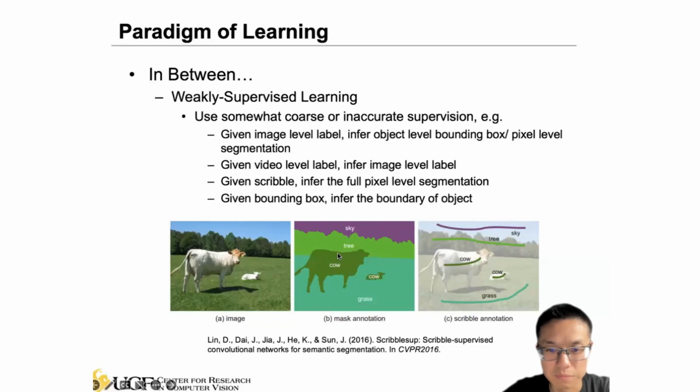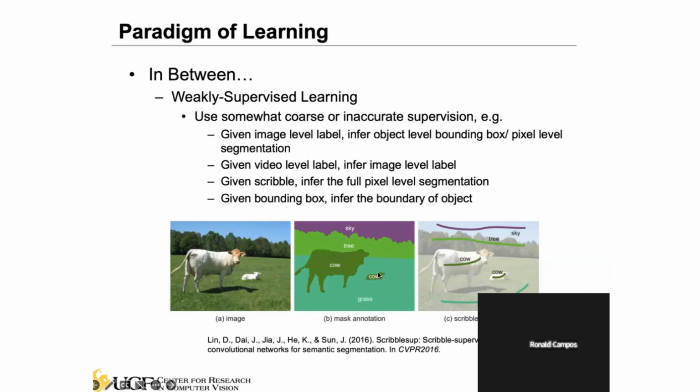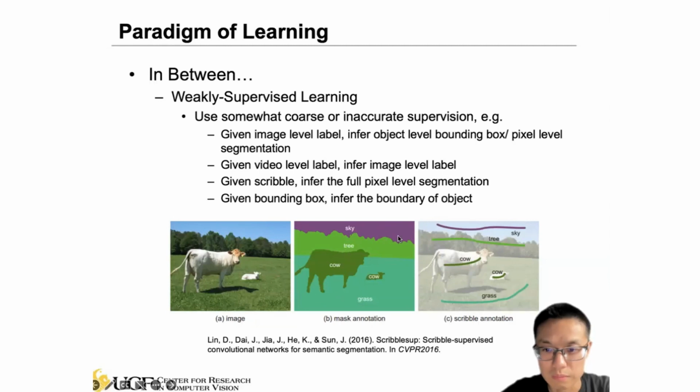If you do this kind of pixel-wise labeling, it's going to be very time consuming. But we can do some cheap labeling. Instead of labeling every pixel, they use this kind of scribble. Basically, you just draw a line on the image, which is very easy to do.